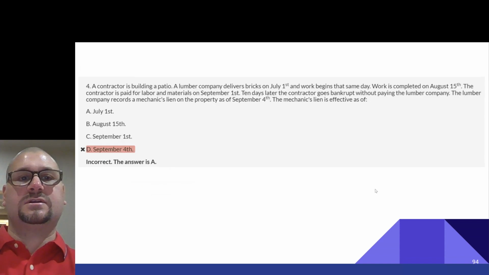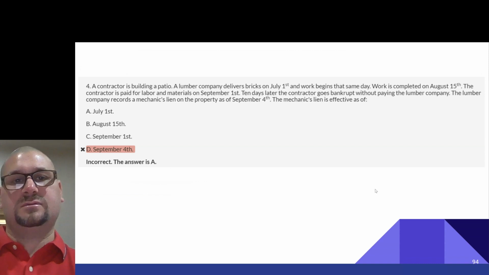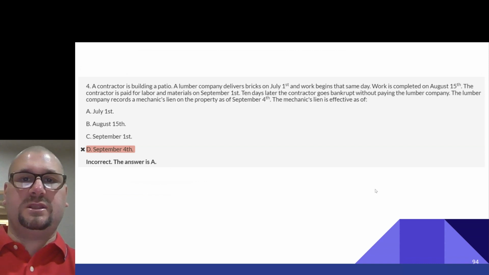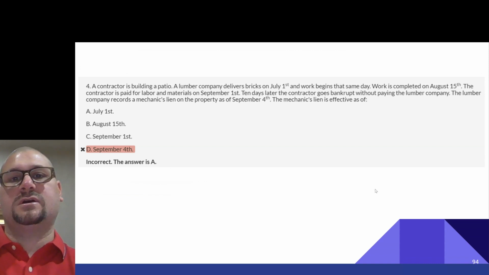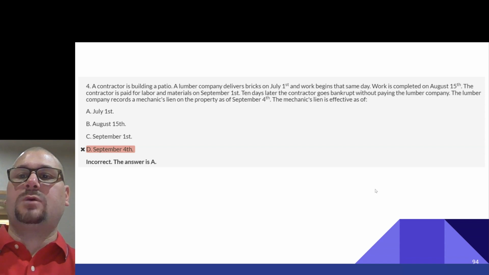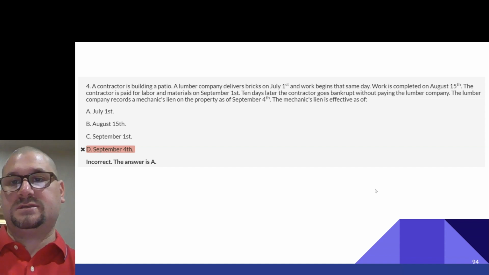A contractor is building a patio. A lumber company delivers bricks on July 1st, and work begins that same day. Work is completed on August 15th. The contractor is paid for labor and materials on September 1st. Ten days later, the contractor goes bankrupt without paying the lumber company.